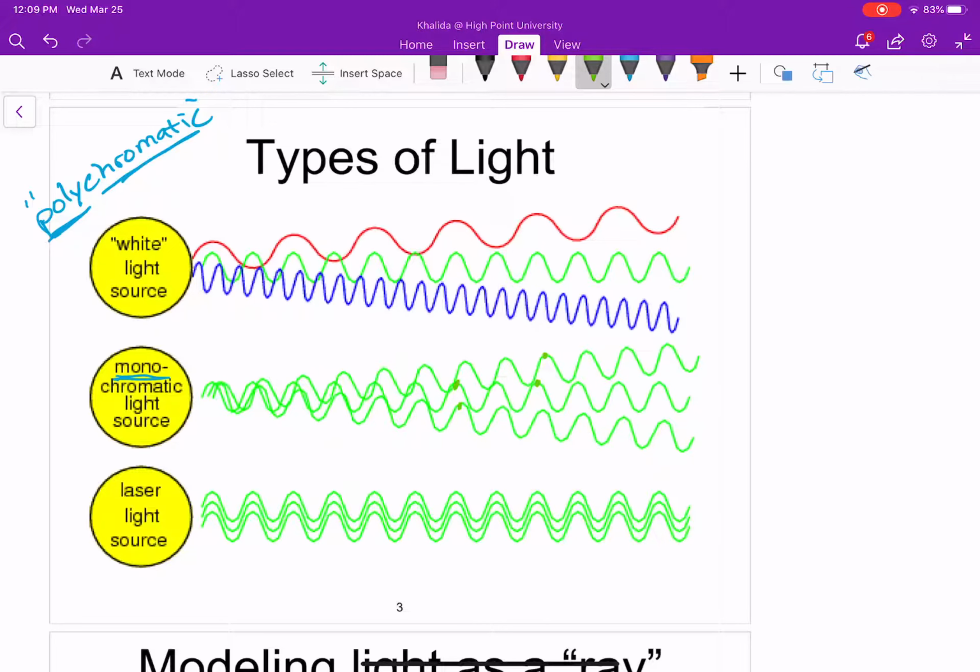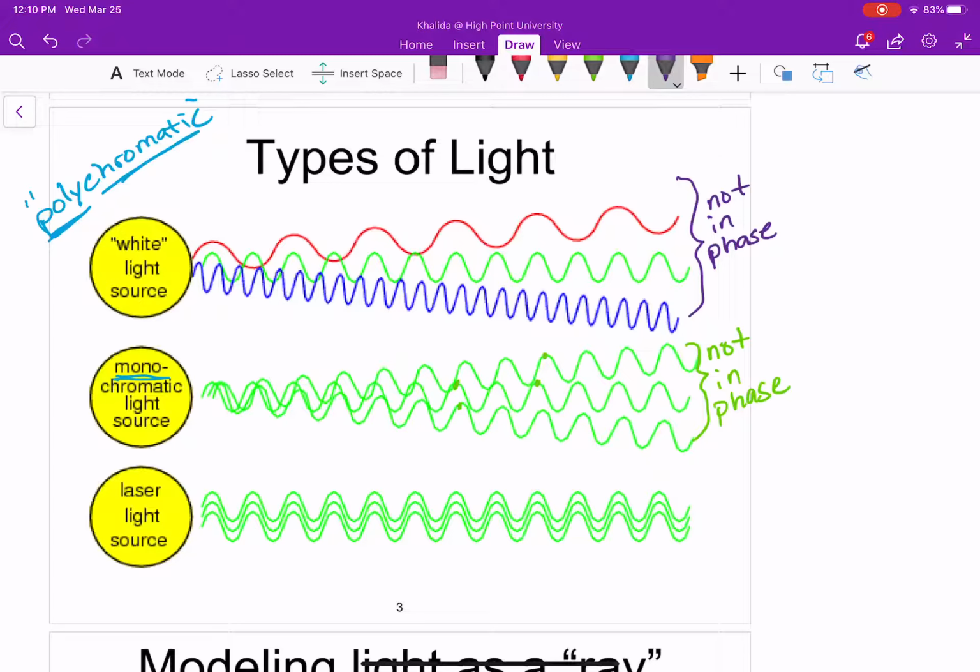So these waves are not in phase. And of course, the polychromatic light is also not going to be in phase. In fact, it can't be in phase since it has different wavelengths. You'll never be able to line up every single wavelength in polychromatic light.